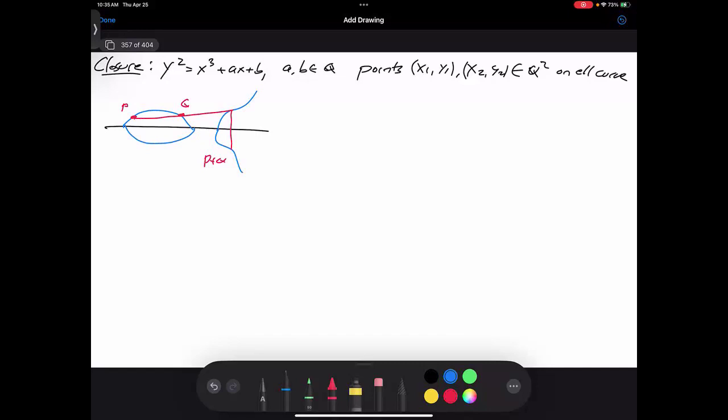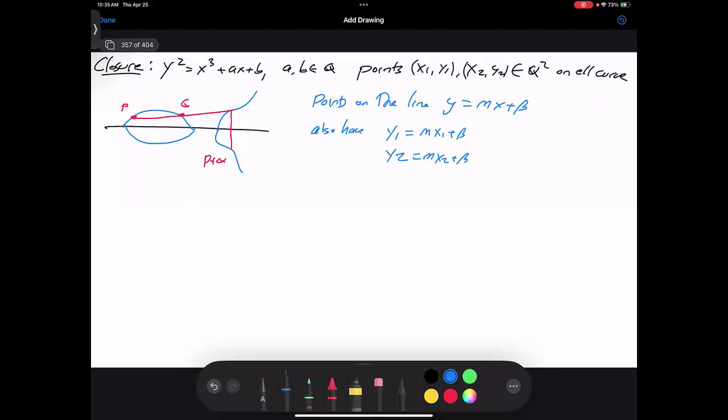So let's say the points on the line y equals mx plus beta. I can't use b because I'm using b as one of the coefficients of the elliptic curve. So we also have y1 equals mx1 plus beta, y2 equals mx2 plus beta.